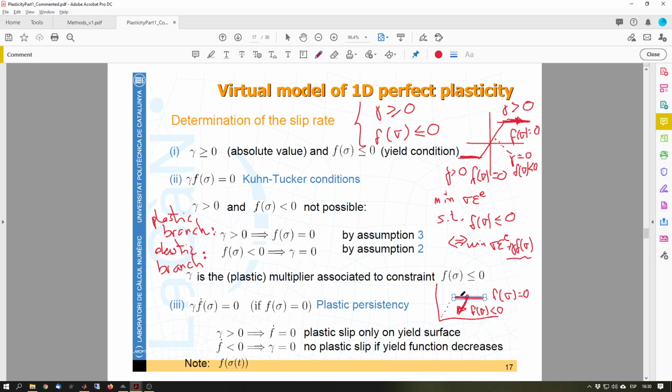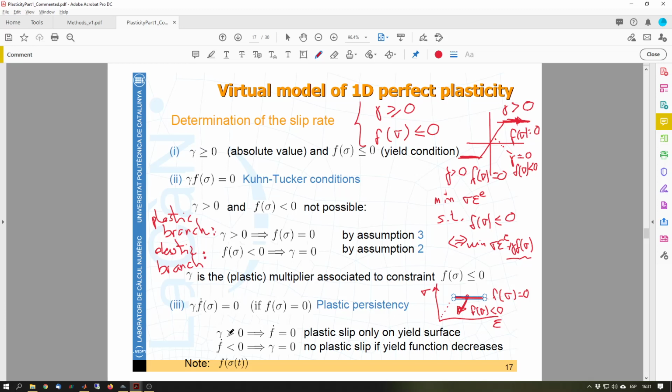And whenever gamma is larger than 0, we must remain on the boundary of our admissible domain for the stresses that we have. So this is equivalent to, say, my gamma multiplied by f dot.